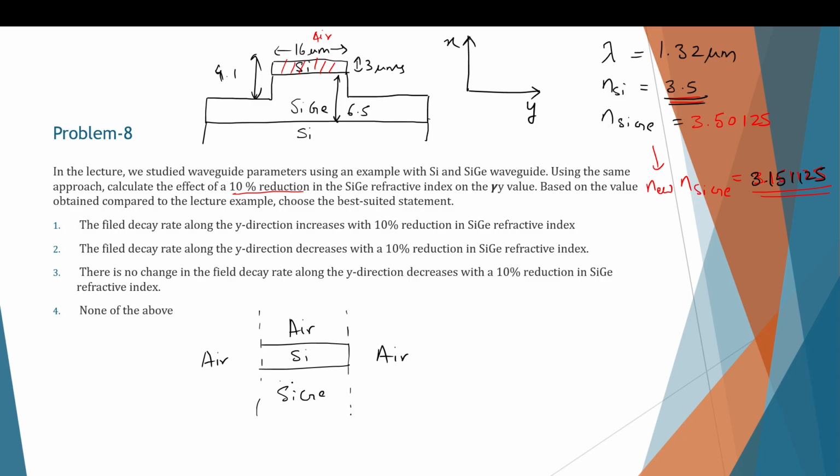So for the center portion I can write the characteristic equation.